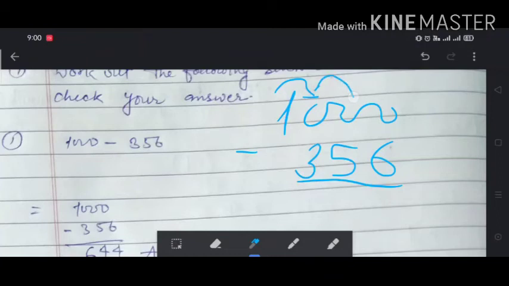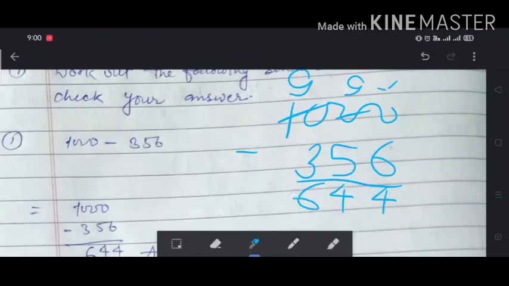Again it gives 1 itself, so it becomes 10, and again this becomes 10, and now 10 minus 6 is equal to 4, and here the remaining number is 9. 9 minus 5 is 4, and again it remains 9, and 9 minus 3 is equal to 6.